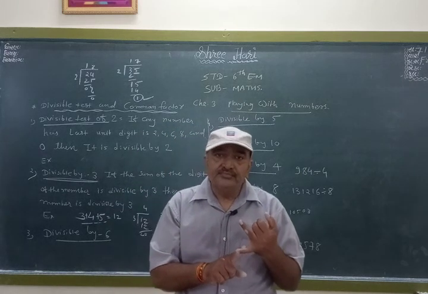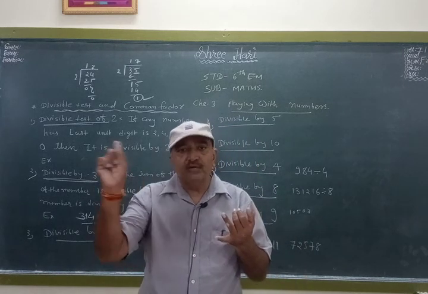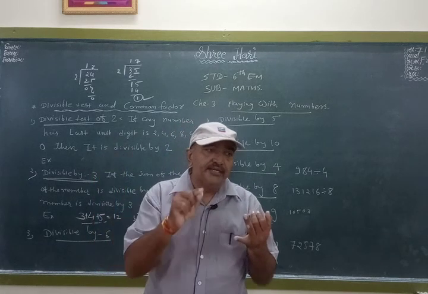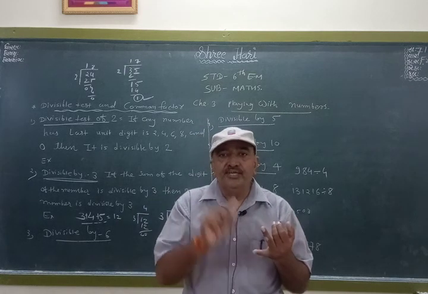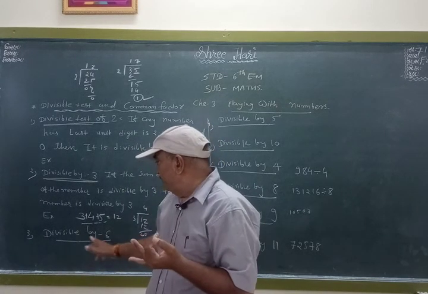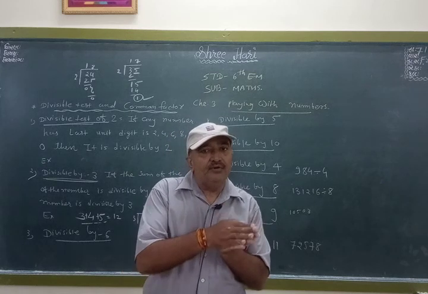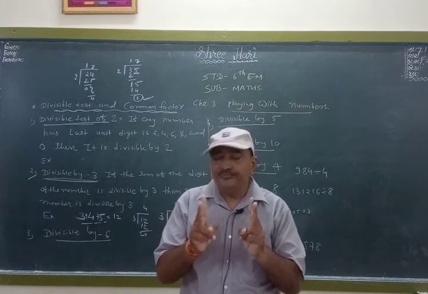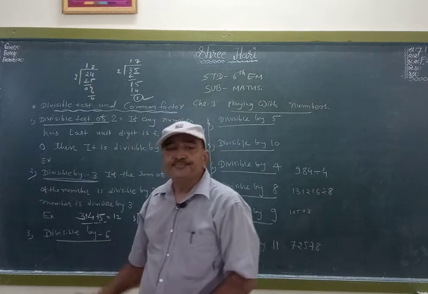Friends, divisible test of 3: if we do the sum of all digits of the number and this sum is divided by 3, then the whole number is also divided by 3. Now divisible test of 6. So friends, you know the key of 2 and key of 3. If both keys are right, then this number is divisible by 6.